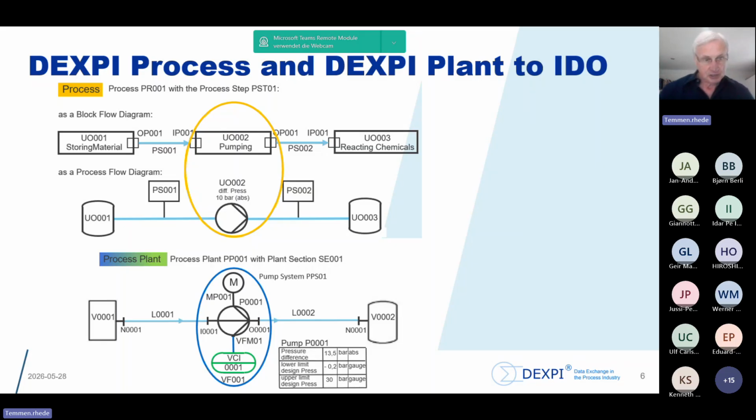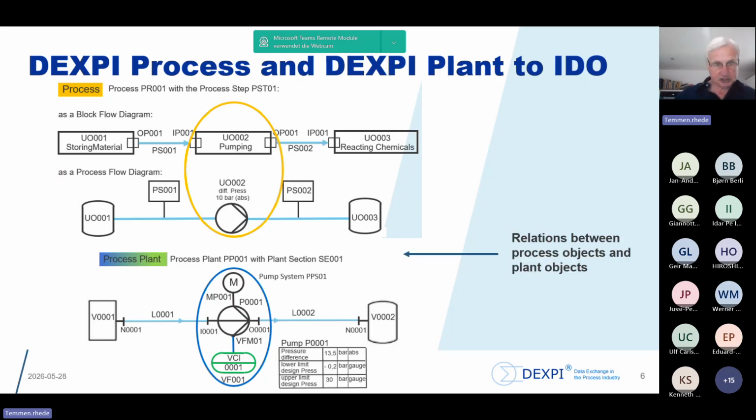Then with DEXPI, with a process plant, we have a pump system, two piping network systems, and two vessels, one for storing, the other for reacting. For the pump system, we have the pump itself, a motor, and a measurement function to control the health of the pump. That is a little part of the pump life cycle story.